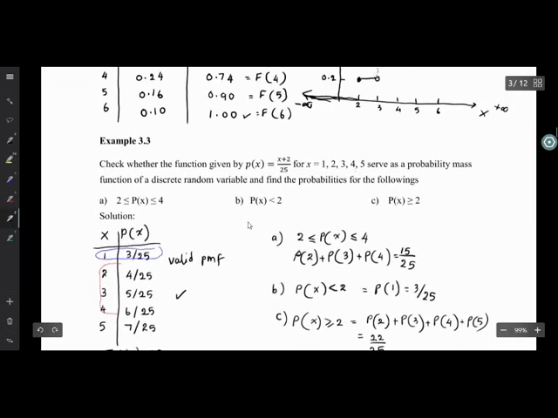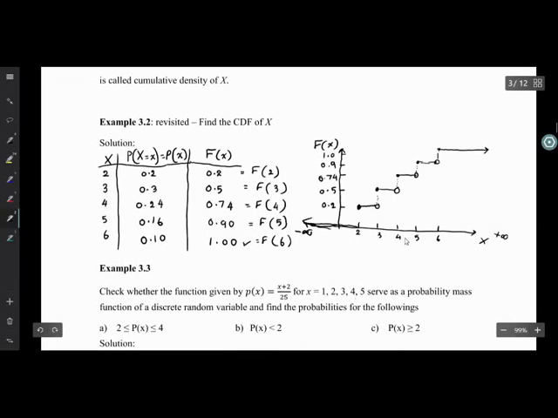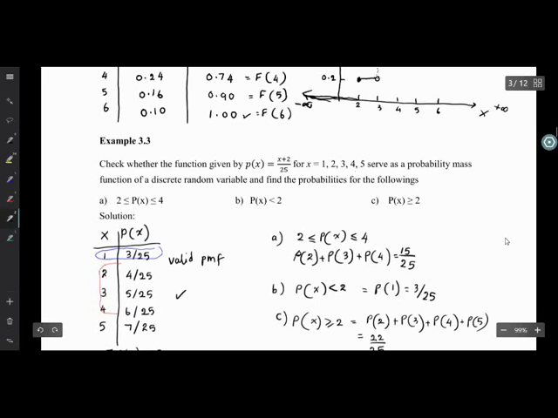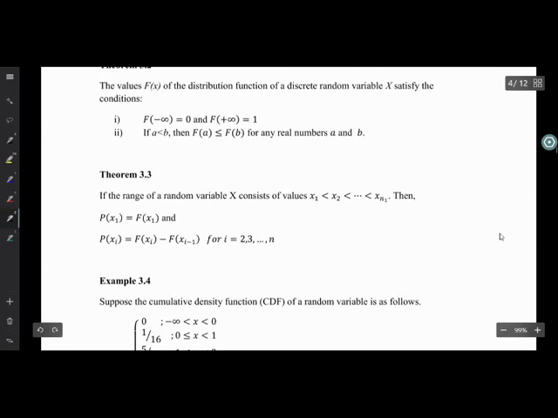We actually saw that when we did the graphical representation of the CDF. You can see that F(x) is 0 all the way from negative infinity, and soon after it attains 1, it will remain there up to positive infinity. That is the first condition.